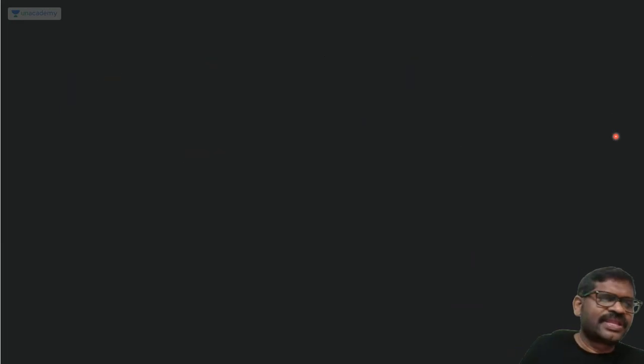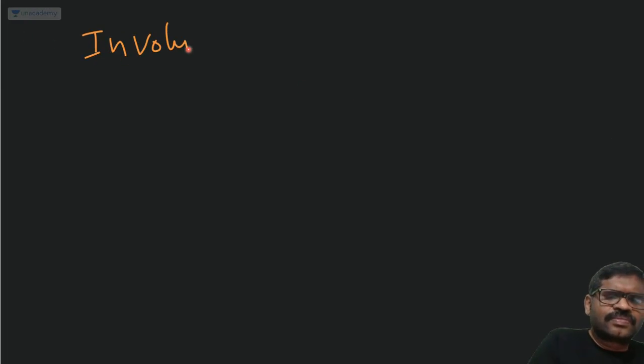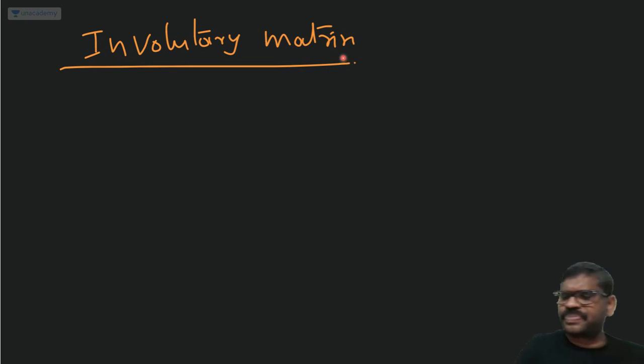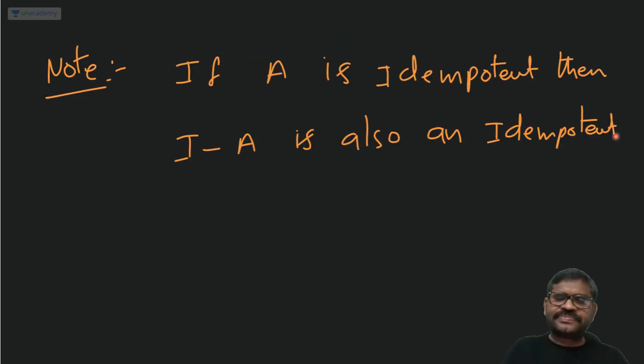Next, involutory matrix. Note down. If A is idempotent, I minus A is also an idempotent. I have written I minus A. Okay? I minus A.